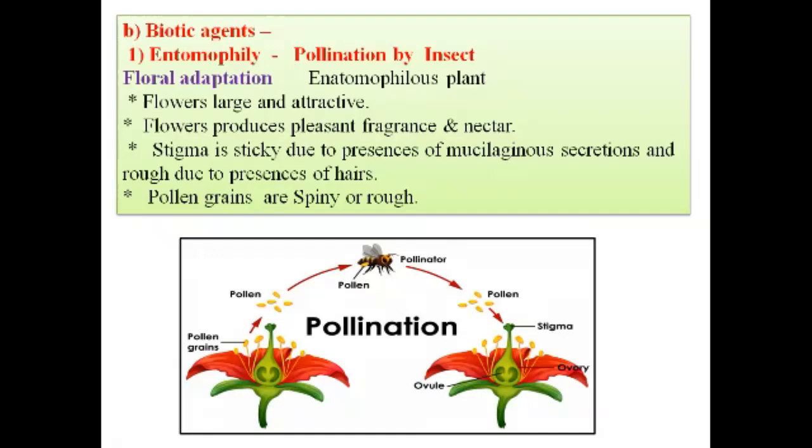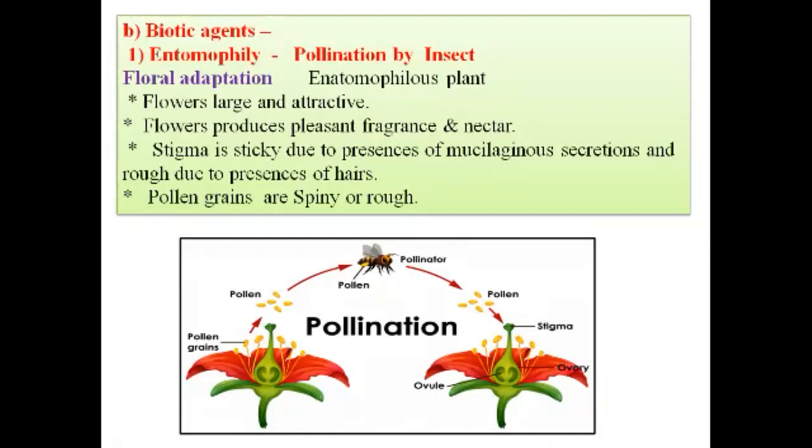Pollen grains are spiny or rough. These spiny pollen grains attach to the legs or wings of insects, and due to the sticky nature of the stigma, these pollen grains stick to the stigma. So these are the adaptations in entomophily.